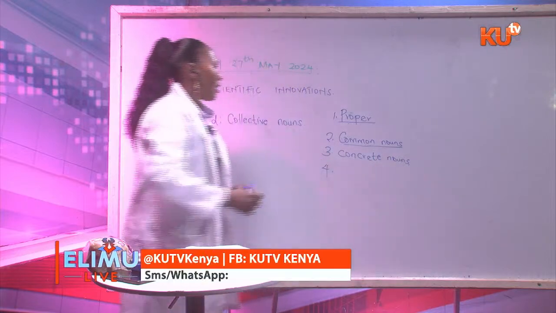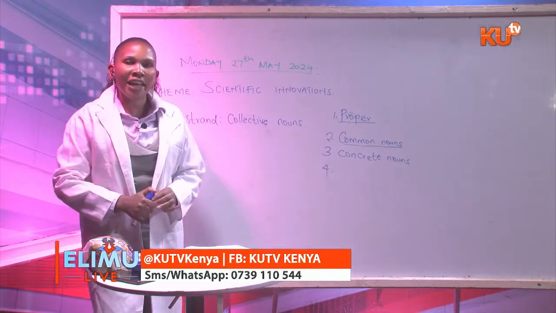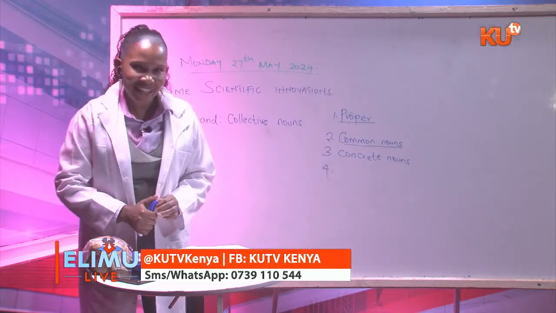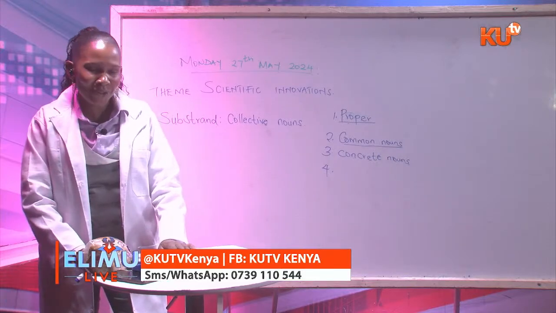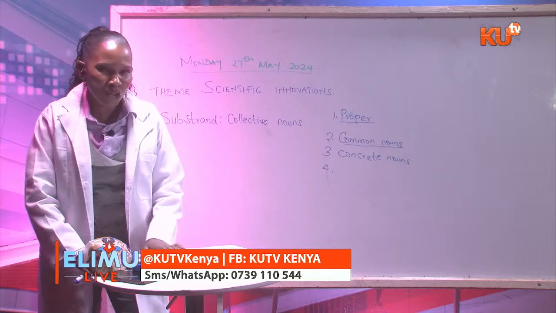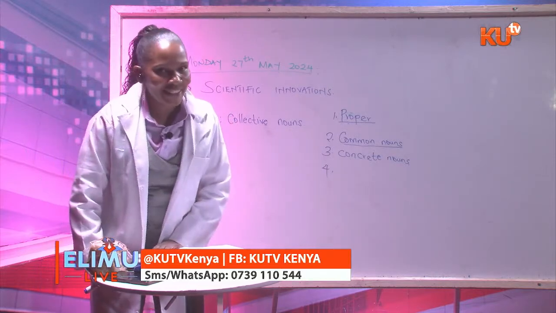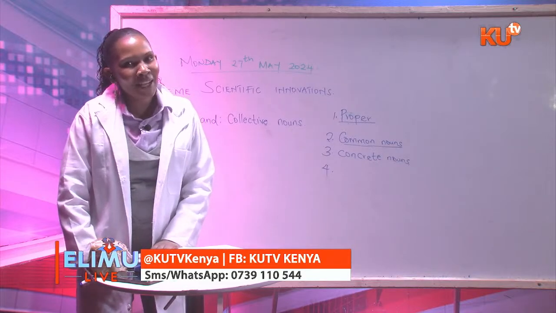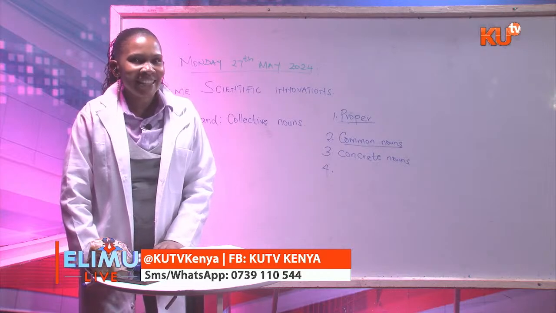Types of noun number four, we have the abstract nouns. These are things that you cannot see, but you show emotions or feelings. There are times you feel sad and you feel like you need to cry.